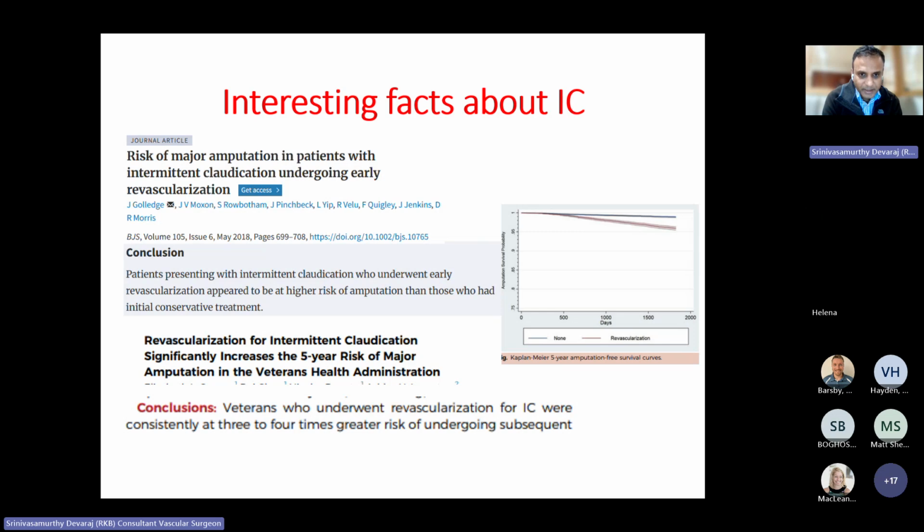Then there's a second study involving thousands of patients in the US, which showed very similar findings, that with revascularization, we increase the risk of subsequent major limb amputation. So vascular intervention in intermittent claudication comes at a cost. We try and improve their quality of life, but a lot of these patients can lose their leg. The risk of losing the leg is higher with intervention compared to conservative therapy.